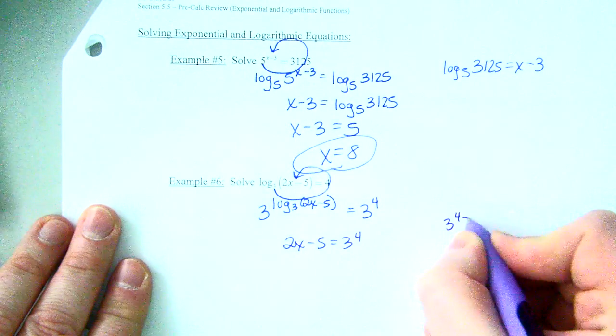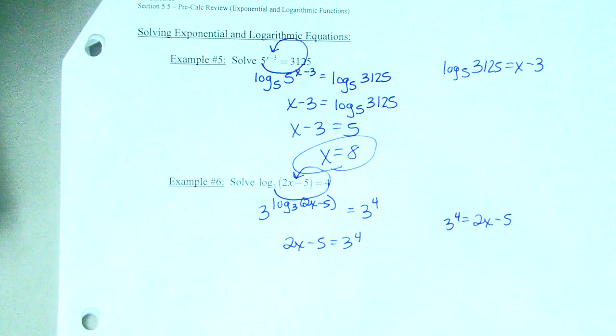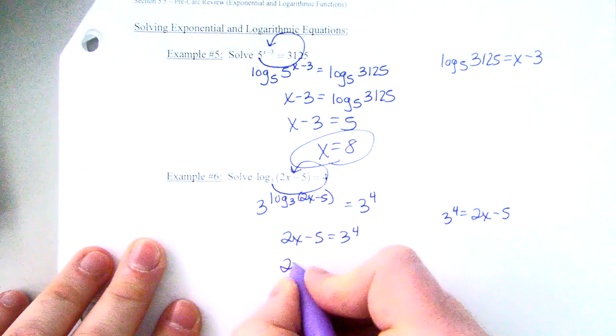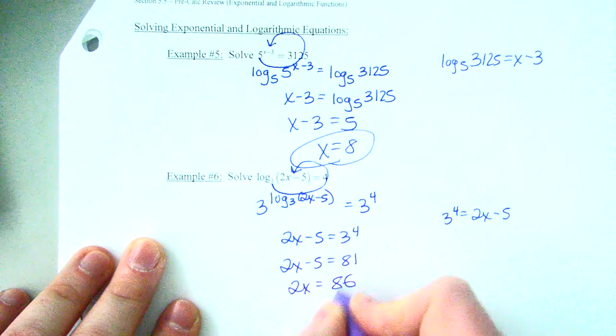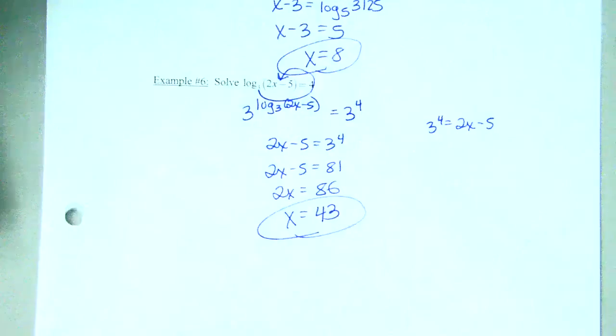You should not be using your change of base formula here. 3 to the 4th, not ln 4 divided by ln 3, truly. 3 times 3 times 3 times 3. I'm getting 43.